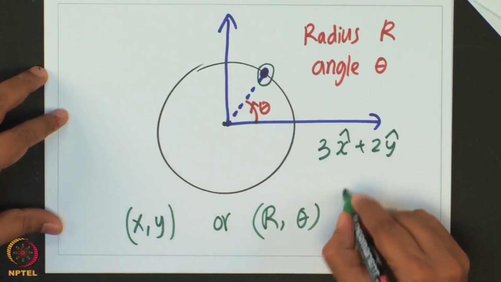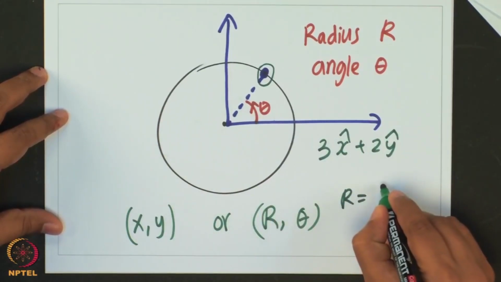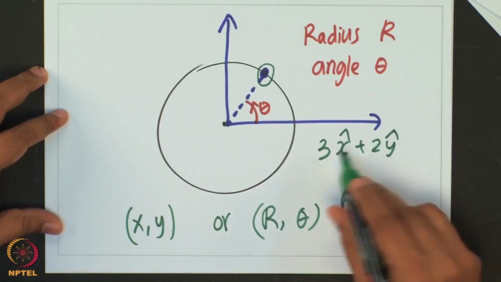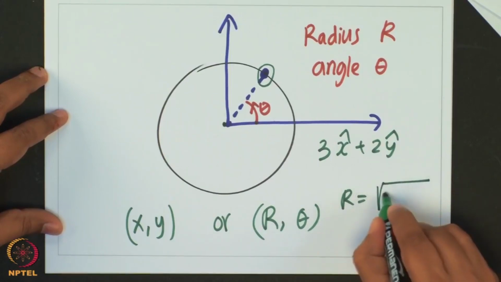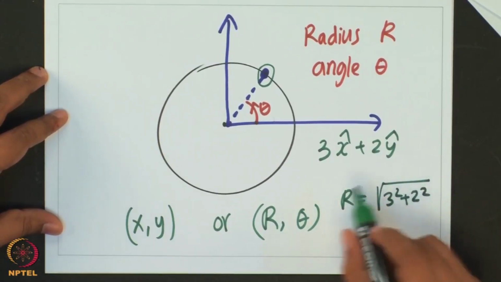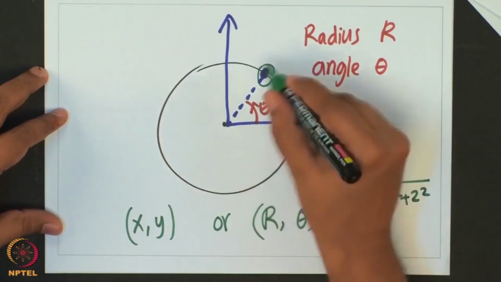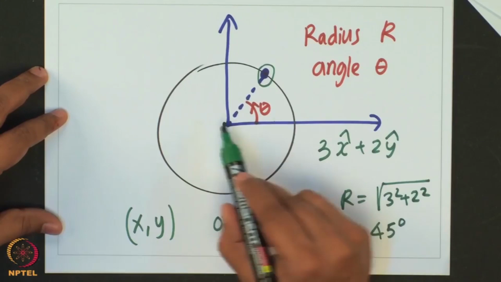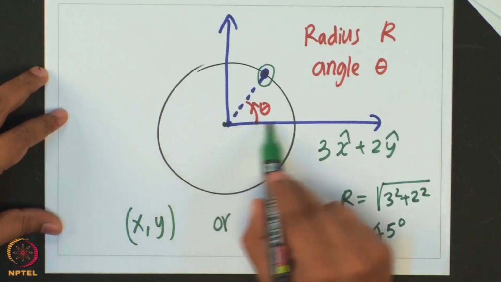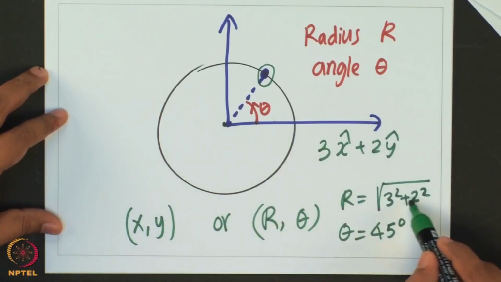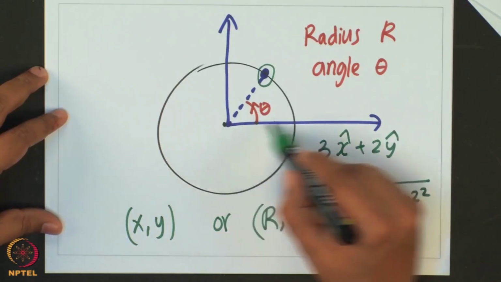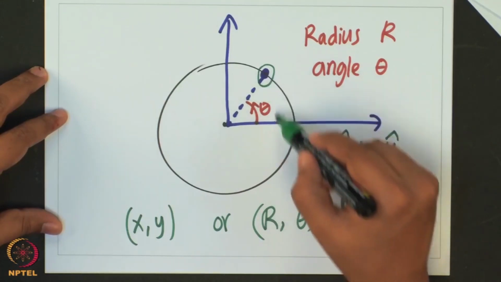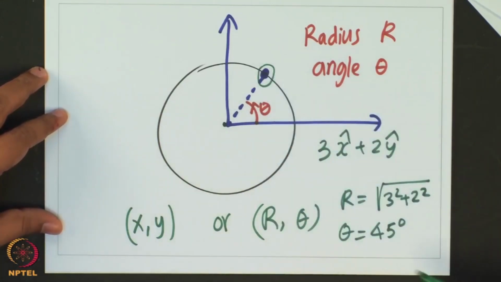If somebody tells me the radius is root of 3 squared plus 2 squared, which is root 13, and theta is 45 degrees, then I would go root 13 along the radius, go an angle along the x-axis, an angle of 45 degrees, and I would reach this point.